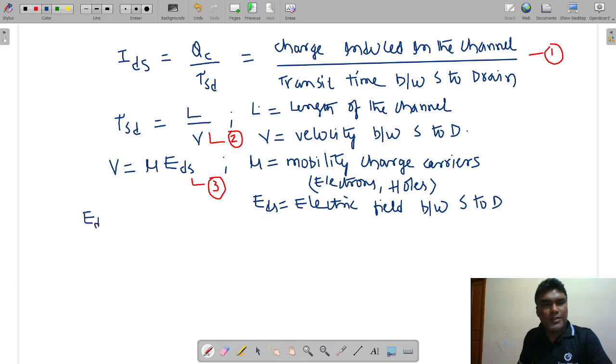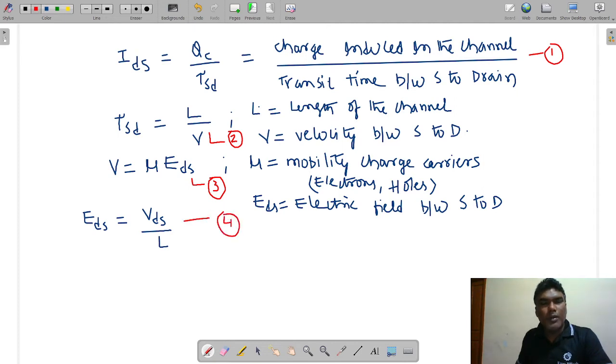Electric field EDS is equal to VDS by L. VDS is the drain to source voltage, and L is the length of the channel between source and drain. Let us take this as equation number 4.